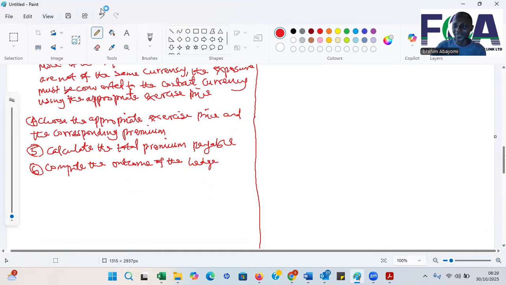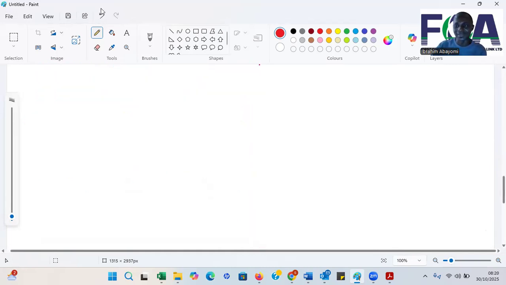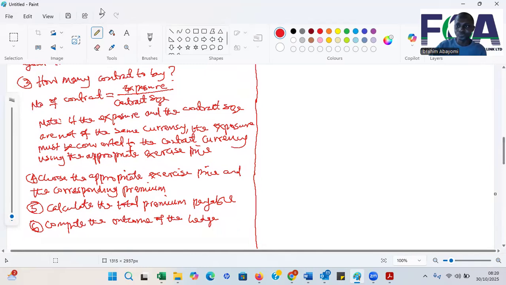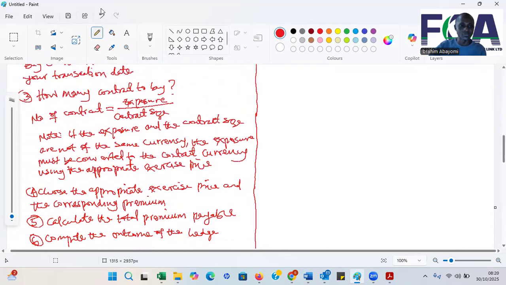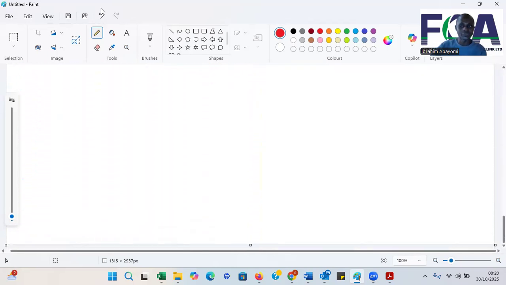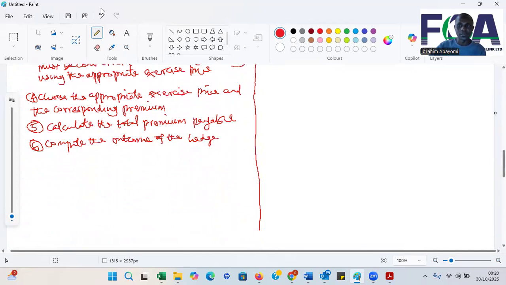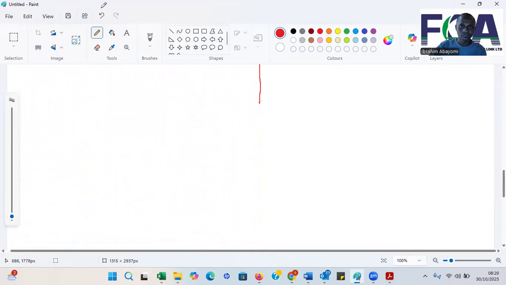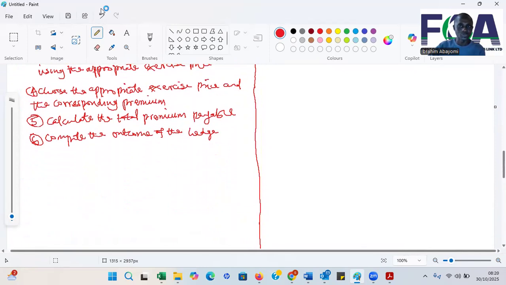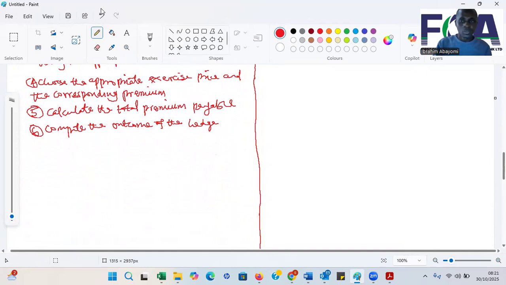To properly grasp this whole concept of currency options and the like, we need to actually take a question. So let's go and take our question.